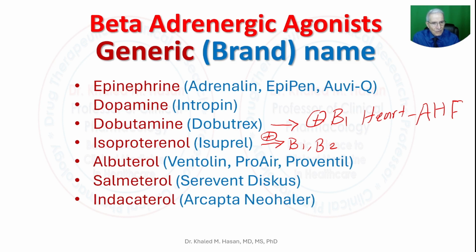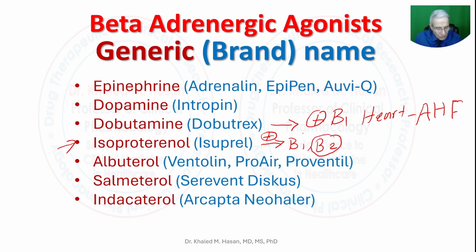You can imagine someone suffering from asthma, and we use isoproterenol for this asthma, but this patient also suffers from hypertension. When you prescribe isoproterenol, stimulation of beta-2 will lead to bronchodilation and relief of symptoms.